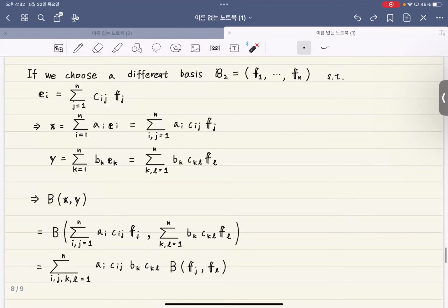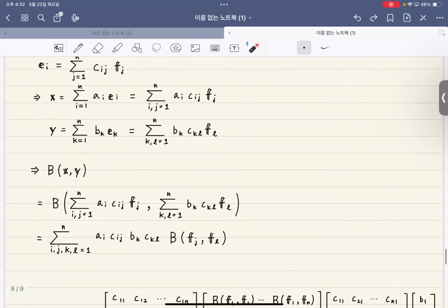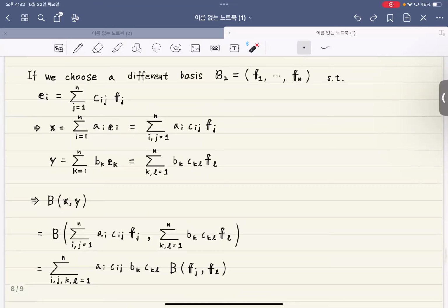So now I'm going to compute the same thing, B of X and Y. Then X is this ugly notation, and Y is that ugly notation, and these two expressions go here and there.